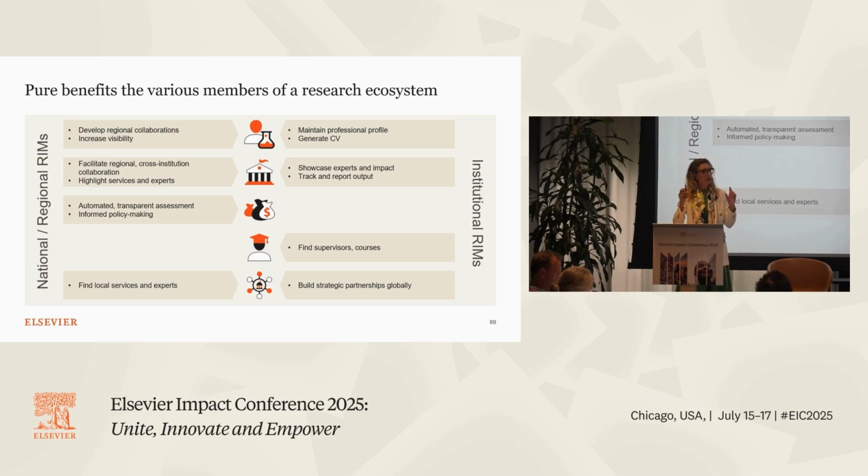For institutions, these systems can help facilitate regional and cross-institutional collaboration, while also highlighting services and their experts. And for their own portal, they can maintain their own identity, to showcase what they are capable of, and also on an institutional level, track and report.